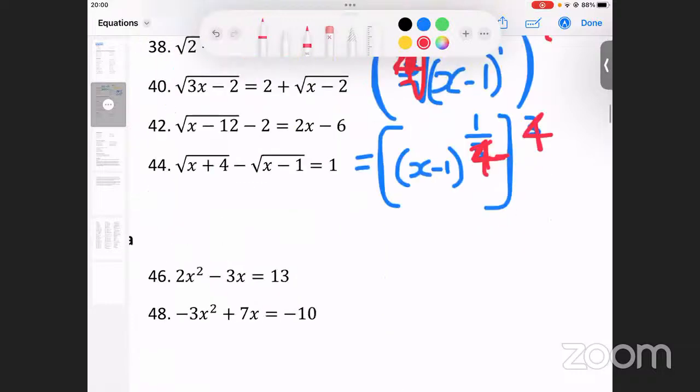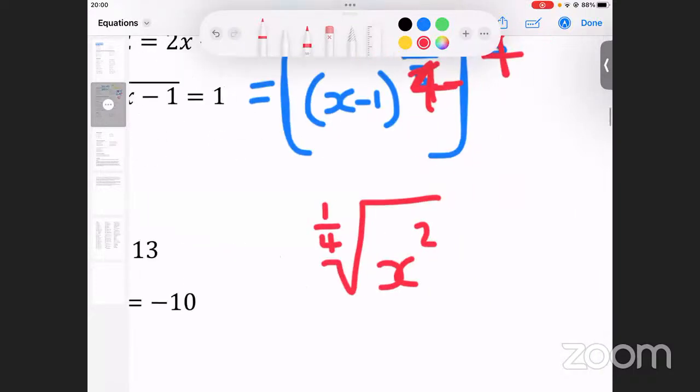Maybe lastly, let's say we have, let me exaggerate it. So that means this one, it can be written as, then in this case, it will be x to the exponent 1 over 4.